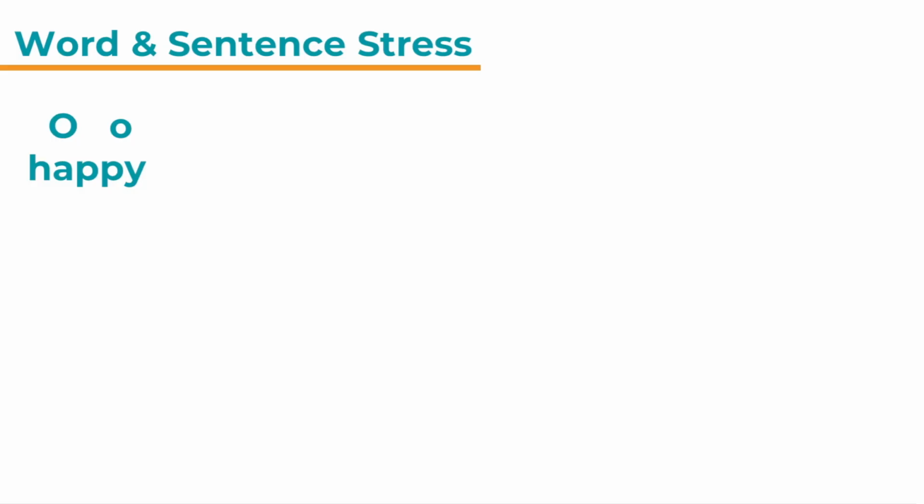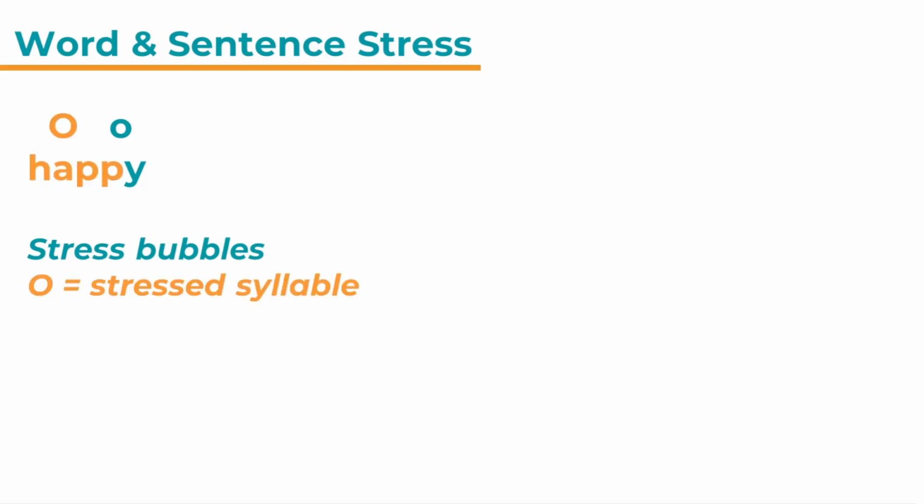The word happy. We have two syllables, happy, and the first syllable is stressed. And we can show this by using stress bubbles. Each bubble stands for one syllable, and the big ones stand for stressed syllables. So happy.